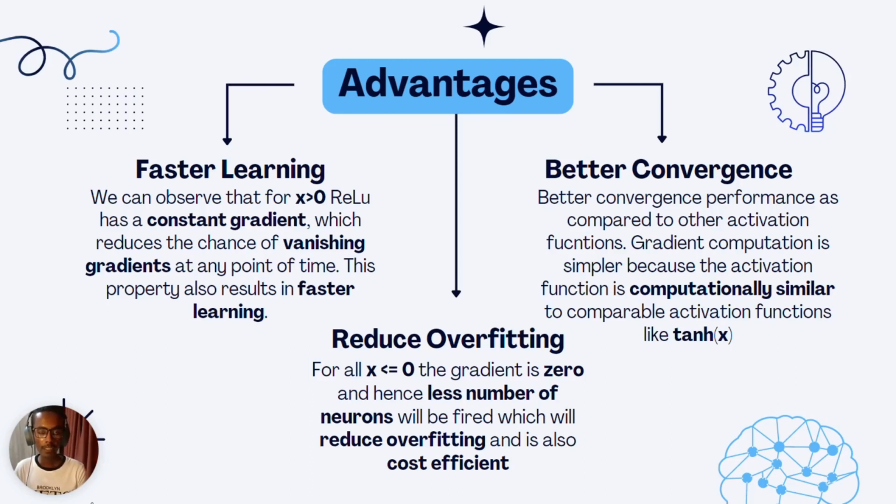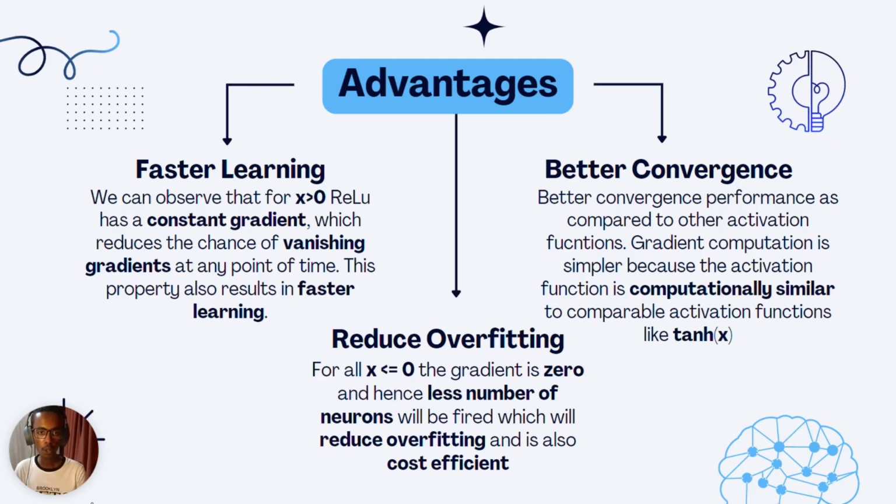And vanishing gradient is a case in neural networks where the gradients decrease and vanish over time as we propagate through the network. And this property also results in faster learning. So having a constant gradient helps the network to learn much faster.